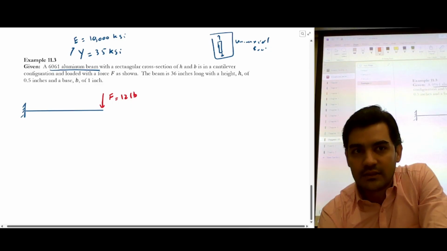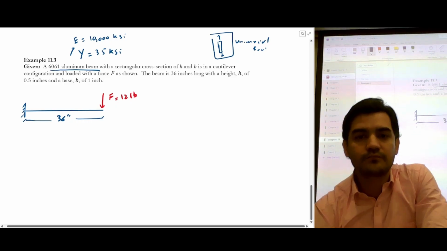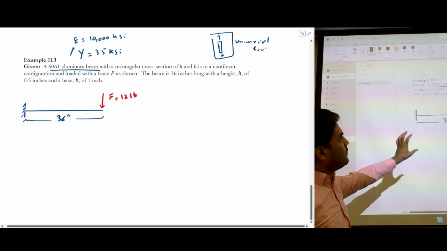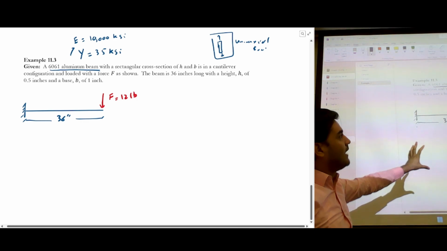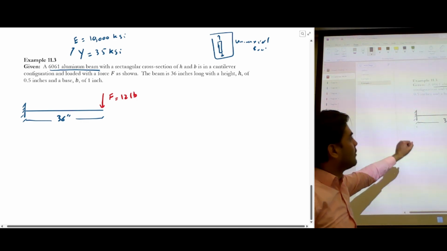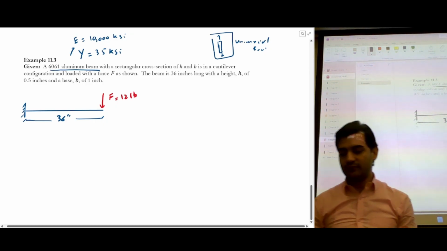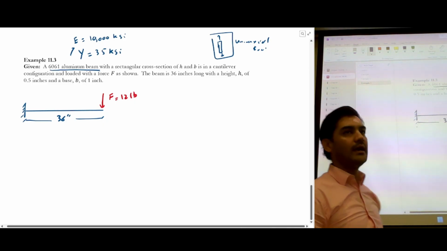The length is given, which is 36 inches. We have to figure out if this cantilever beam will have yielding or not. In other words, will we observe failure of this cantilever beam under this load of 12 pounds? We can figure this out by yield criteria.